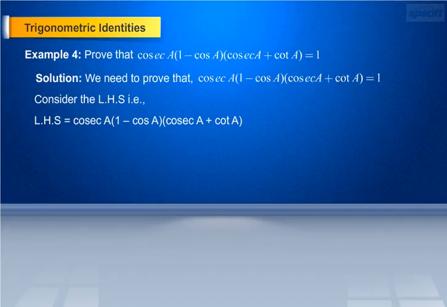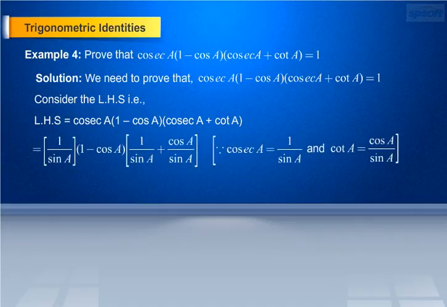Considering the LHS, we have cosecant A into 1 minus cos A into cosecant A plus cot A. This is equal to 1 by sin A into 1 minus cos A into 1 by sin A plus cos A by sin A, since cosecant A equals 1 by sin A and cot A equals cos A by sin A.